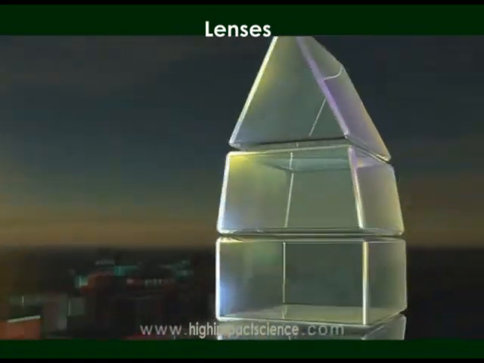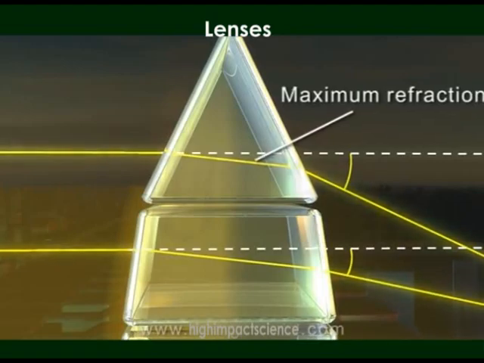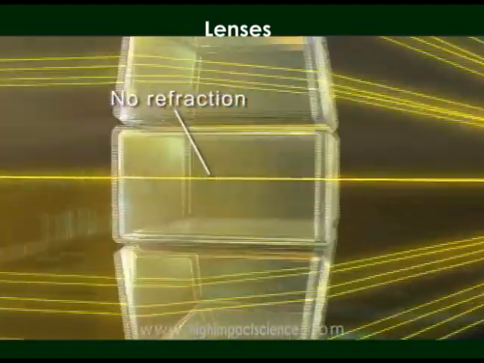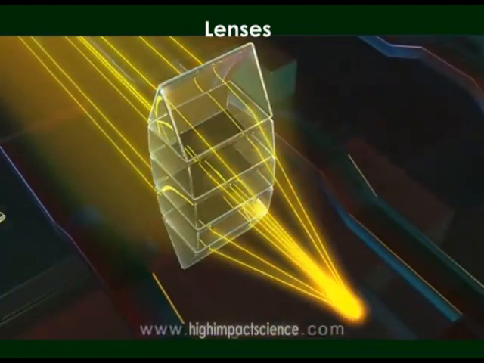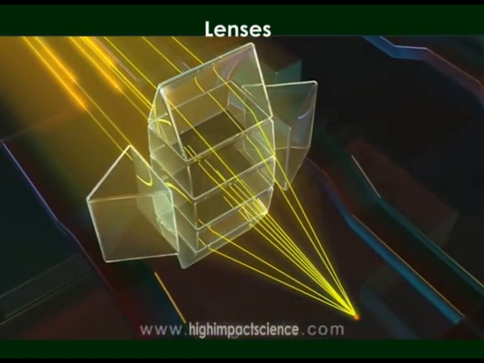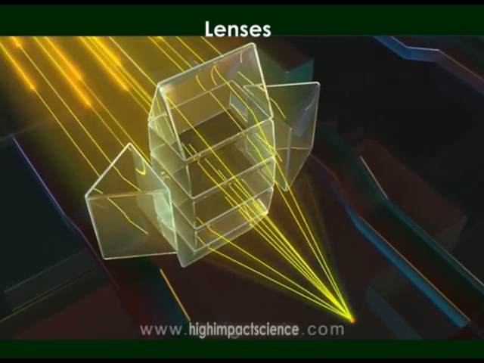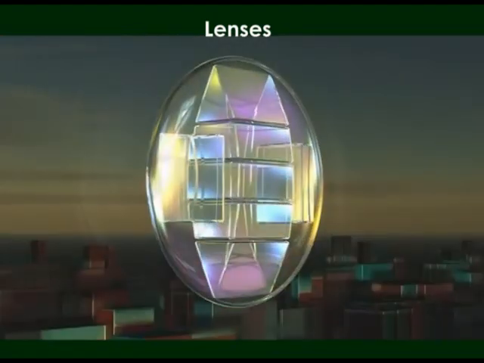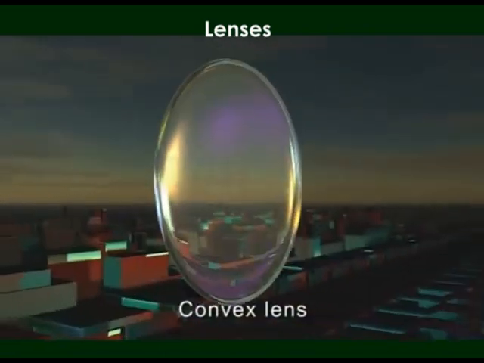A parallel beam incident on such an assembly will undergo maximum refraction at its top and bottom. The rays undergo no refraction at the center of the lens. Now, if we arrange two more prisms to the side of this arrangement, then the incident rays emerging from them also converge at the same point. A single piece of glass formed in this fashion is called a convex lens.